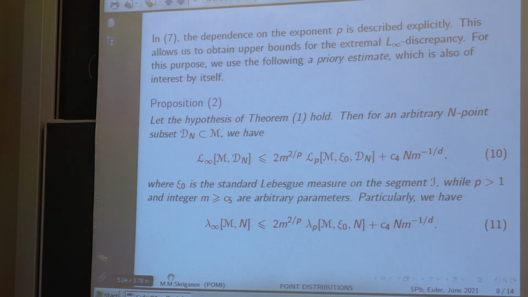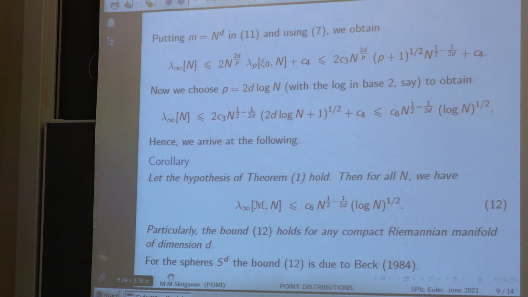So if we choose this value of this parameter, then we get this bound, and using the theorem that was proved, next we choose this P as this quantity.